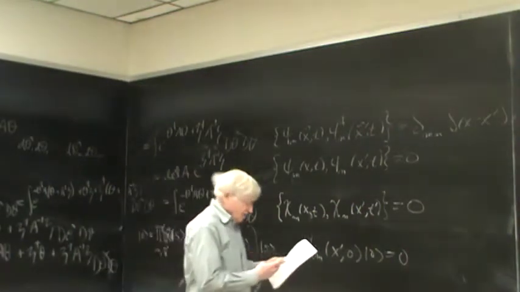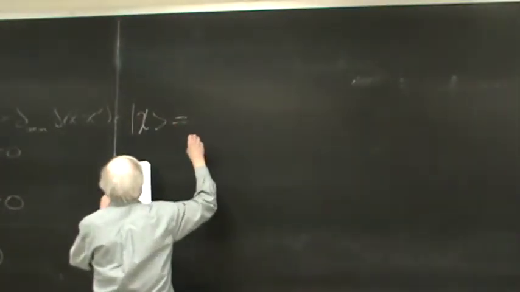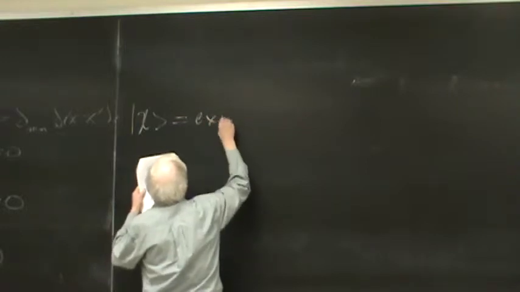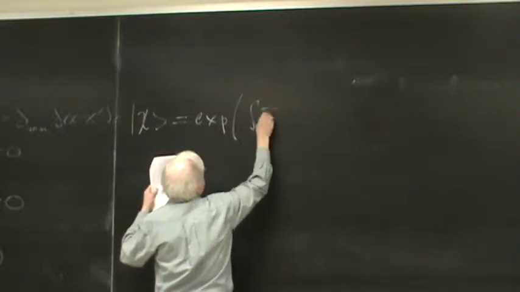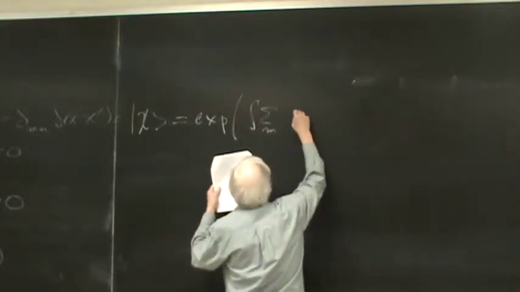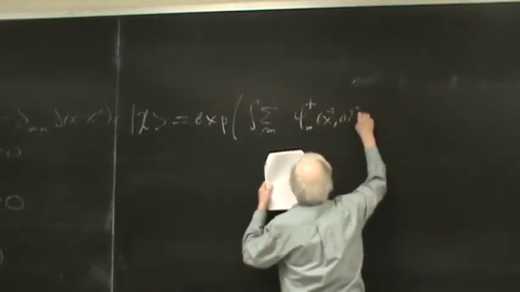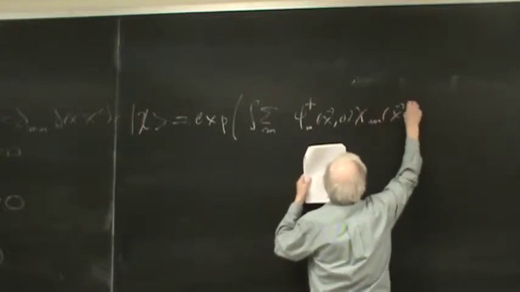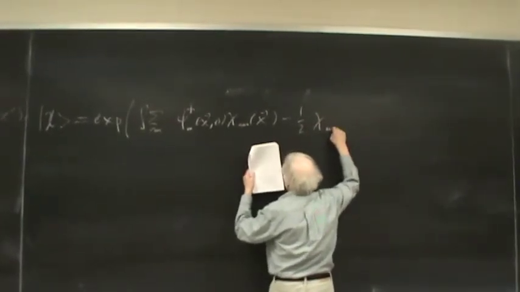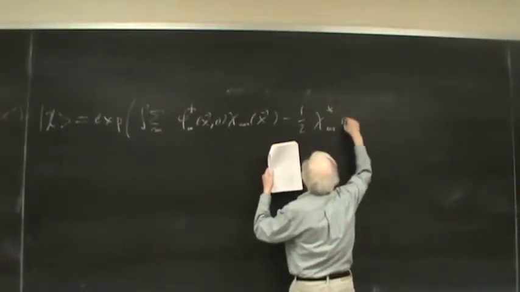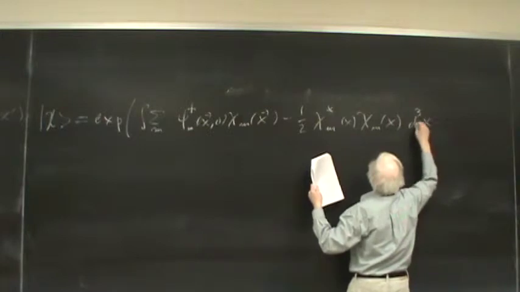Okay, well, the coherent state for here is going to be exp of integral and sum over m, psi dagger m at x and 0, let us say, chi m of x minus a half chi m star of x chi m of x d cubed x.